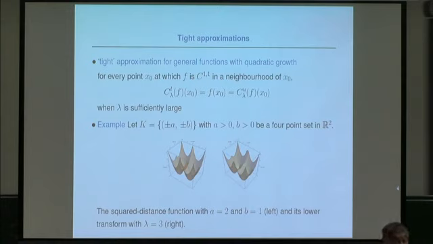So this is a tight approximation. It alters the function near the singularity. Otherwise, it's the original function. Well, this is the mathematical result. I haven't tried to calculate the Moreau envelope for that, though. It's rather easy to calculate the lower transform for that, but not easy directly.